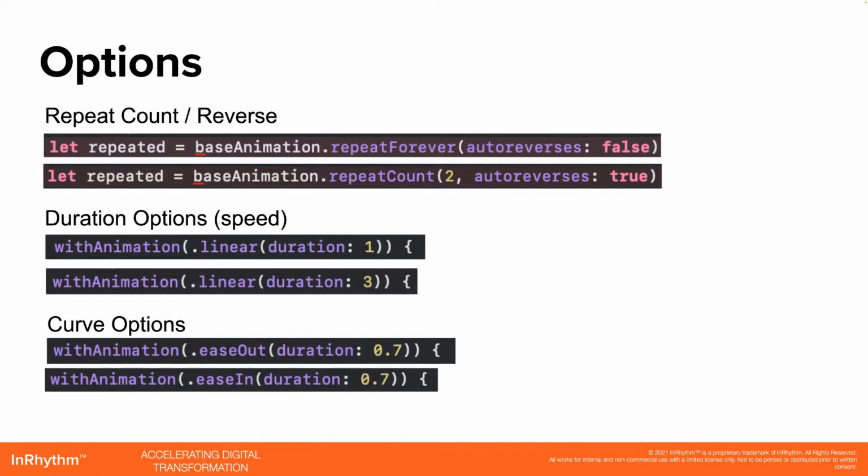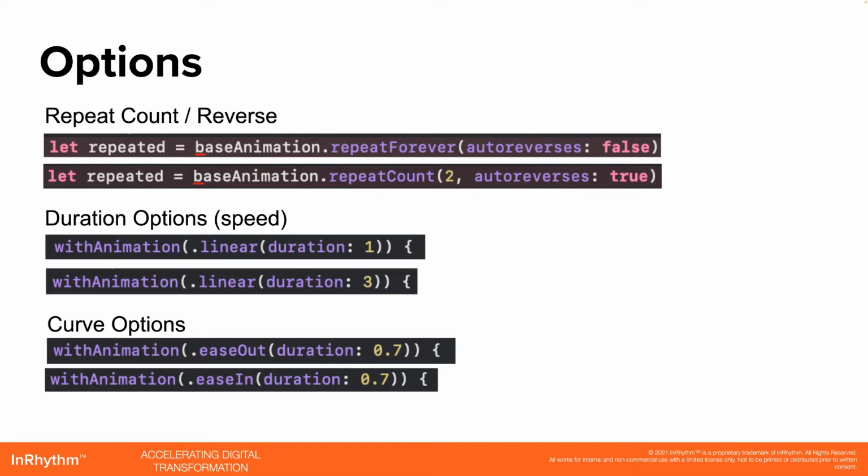Do you want something to rush onto the screen and then land kind of softly? Do you want it to stay the same speed throughout? Or do you want it to start slow and then really land hard? So those are a couple of the options that you have as far as configuring the animations themselves.